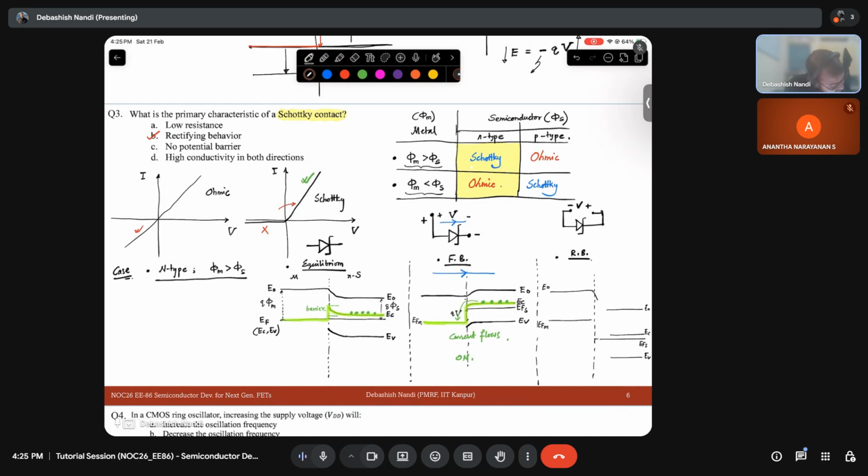E0 will follow the slope, then EC will also follow the slope, then EV will also follow the slope. So let me be very clear at this point. This finishes here, and then there is a jump.